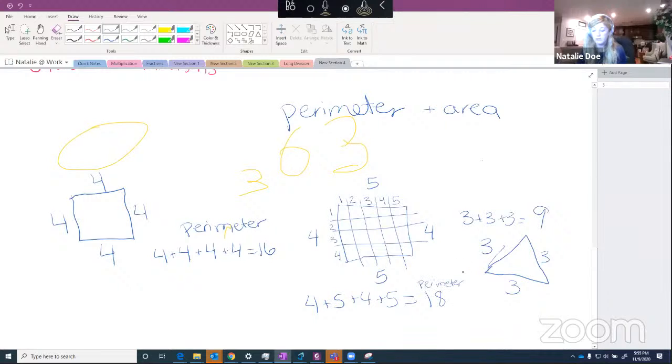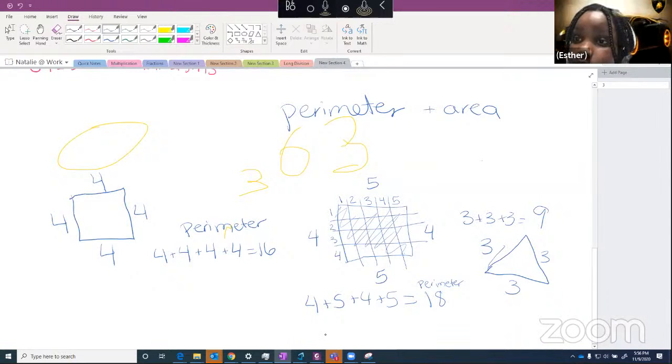Now the difference between perimeter and area, again, perimeter, we take the lengths of the outside. The area, I want to know the whole shape. If I add together all the squares on the inside, how big is that? How many squares is that?